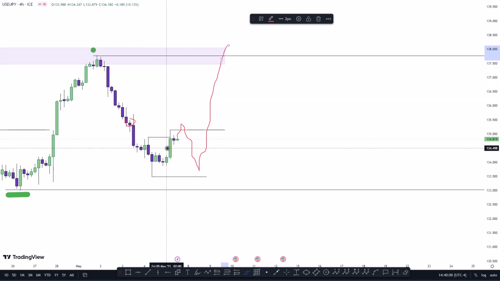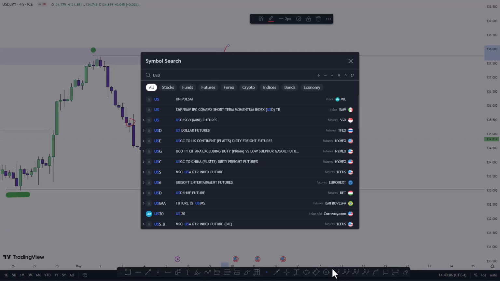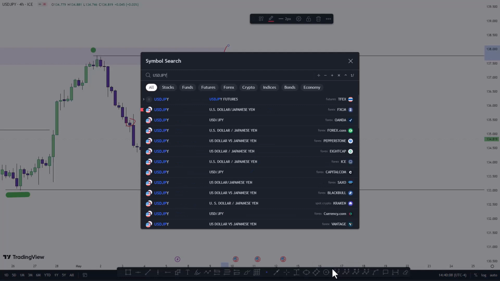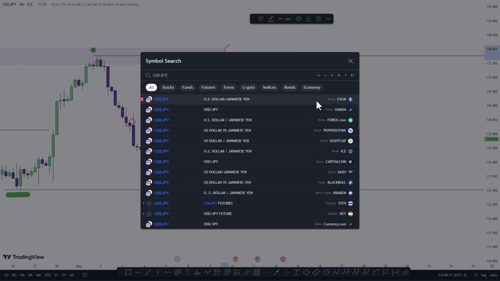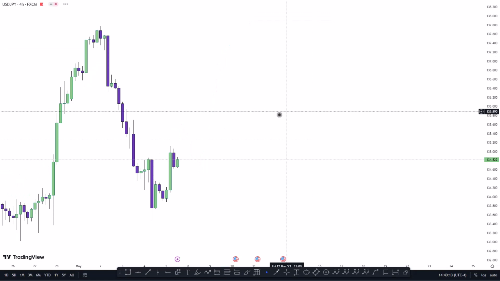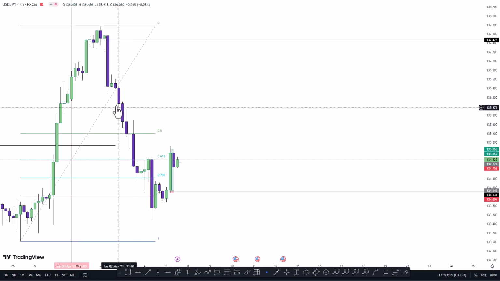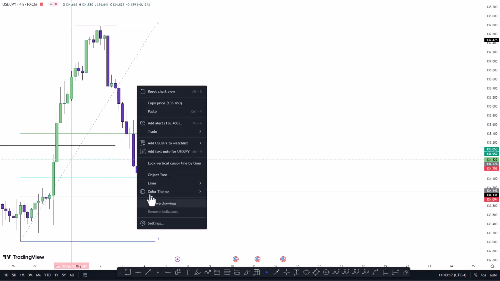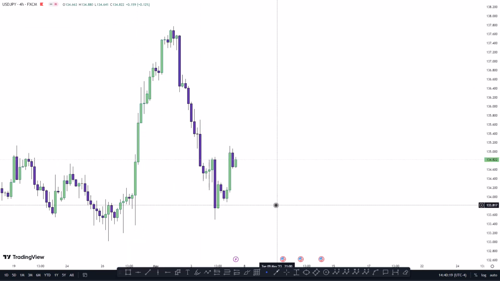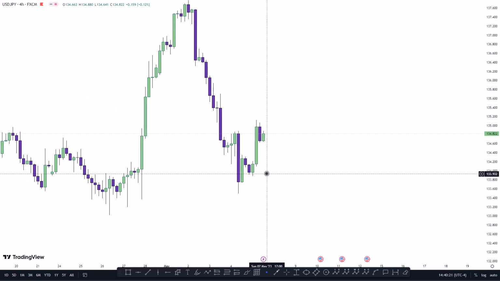Hope you understand. So once you've got your bullish range, all you have to do is to go to another pair, another broker like FXCM, and then you mark the chart from there.